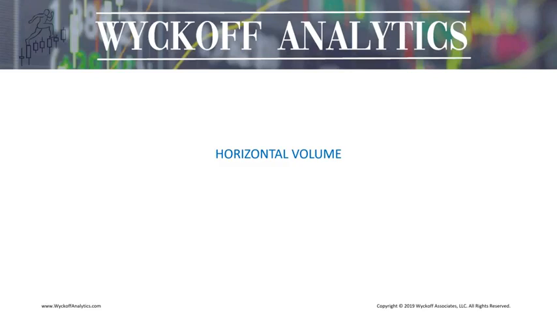The second and biggest piece of information is that we can't really figure out from the vertical volume bar signature what the supply level and demand level were on that particular bar and where it came from. These pieces of information are hidden from us, but they could be extracted with other tools. One is horizontal volume.